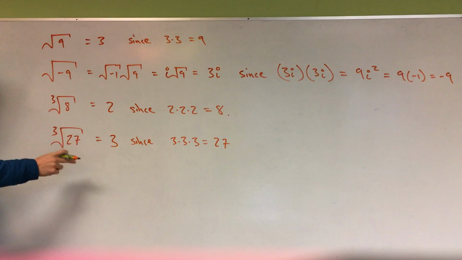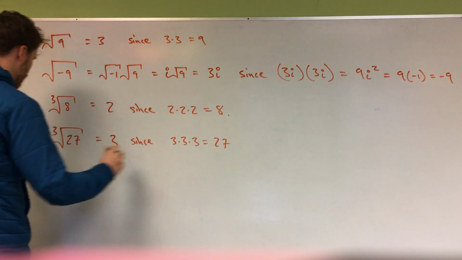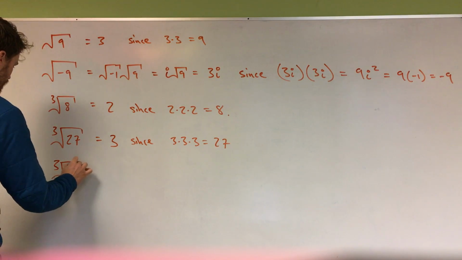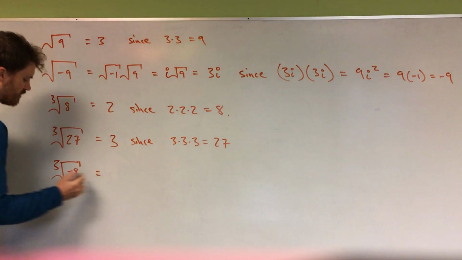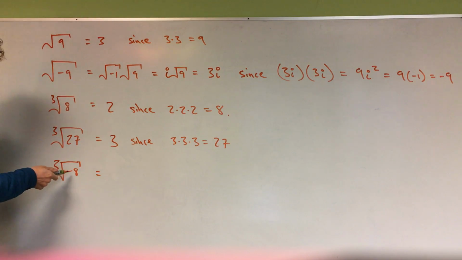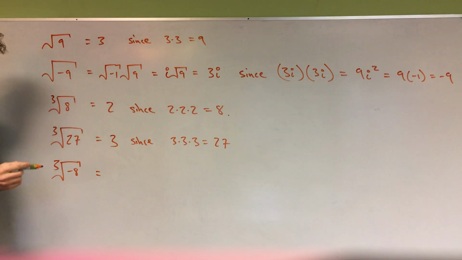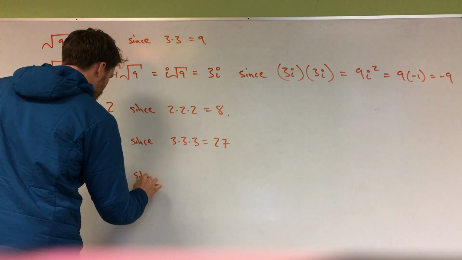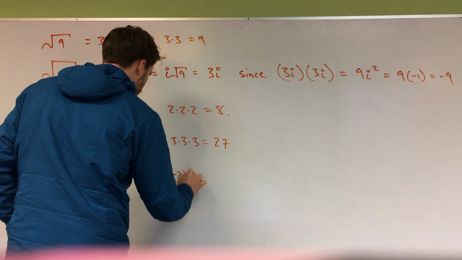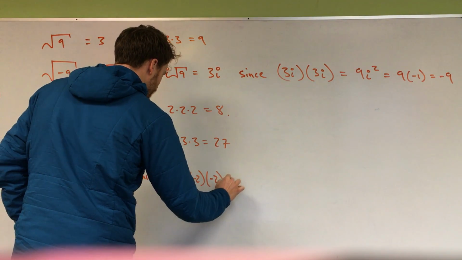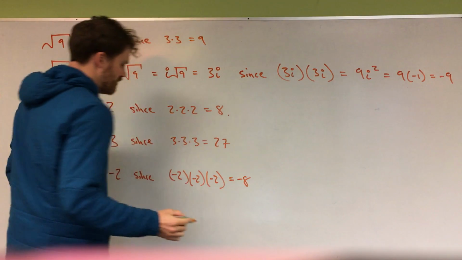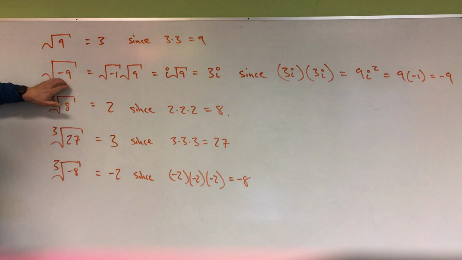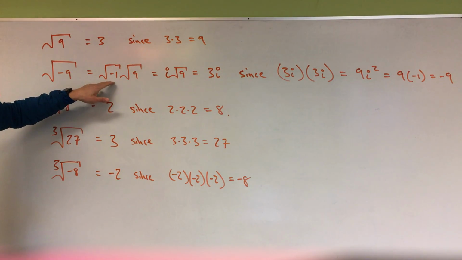Since we're multiplying 3 things here, we can actually take cube roots of negatives. So now you could say, what multiplies 3 times to get negative 8? That would be negative 2, since negative 2 times negative 2 times negative 2 equals negative 8. Up here, when you're taking a square root of a negative, you have to bring in this imaginary number i.